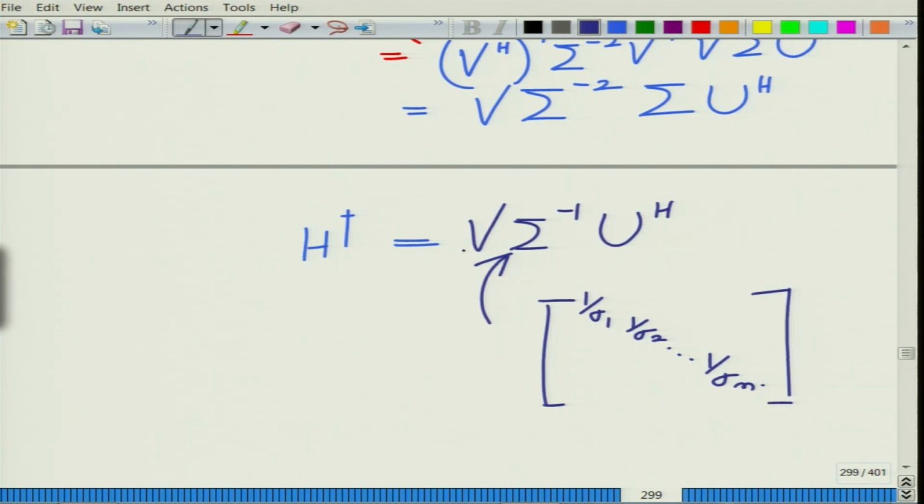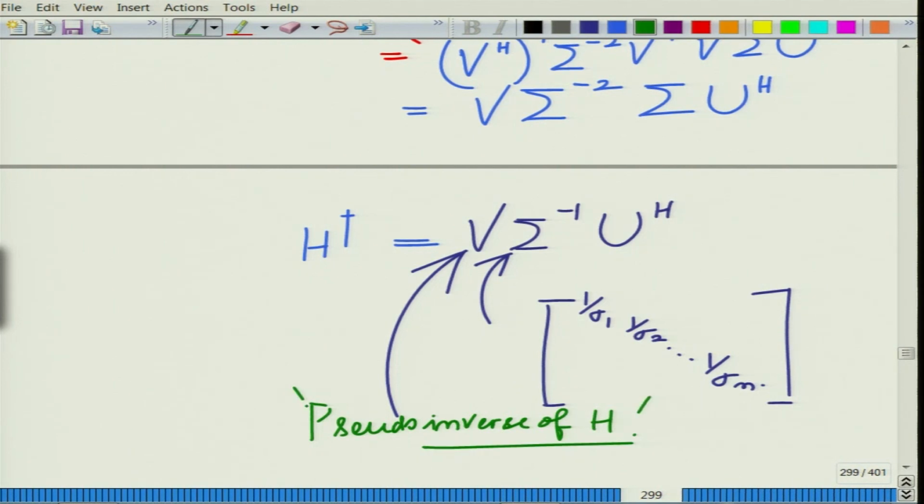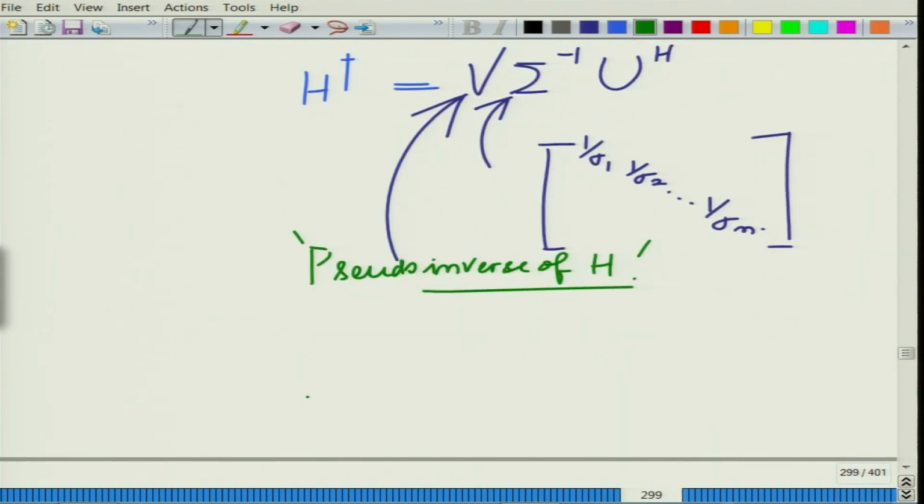Alright, so this is essentially the pseudo inverse of H in terms of the singular value decomposition.